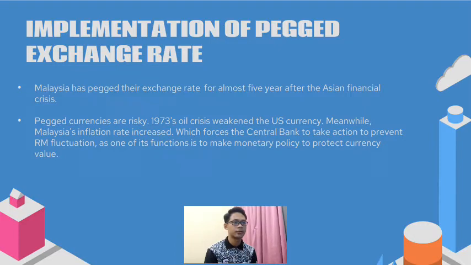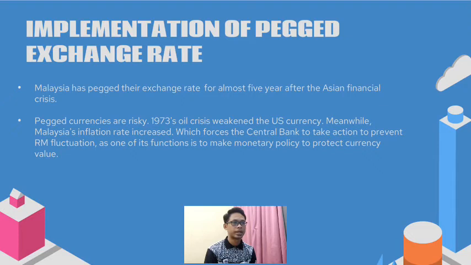Currently, the rate of inflation in Malaysia has reached sky-high levels, which pushed the central bank to take required action to prevent fluctuation of the RM, since one of the central bank's roles is to make monetary policy to protect the value of the currency.